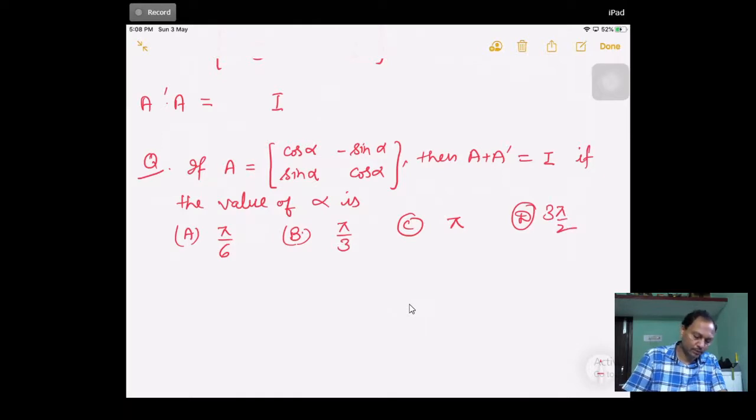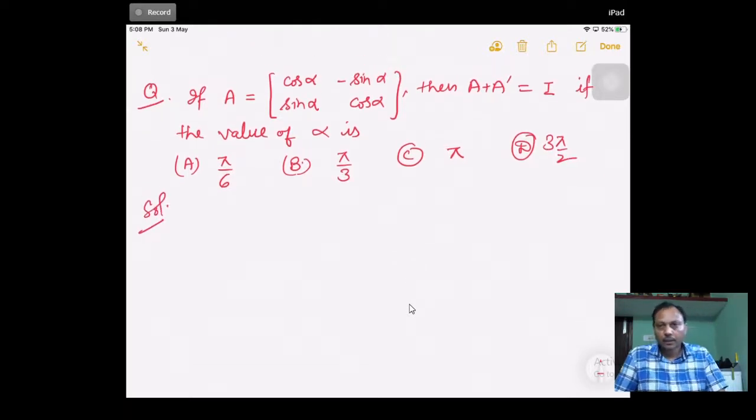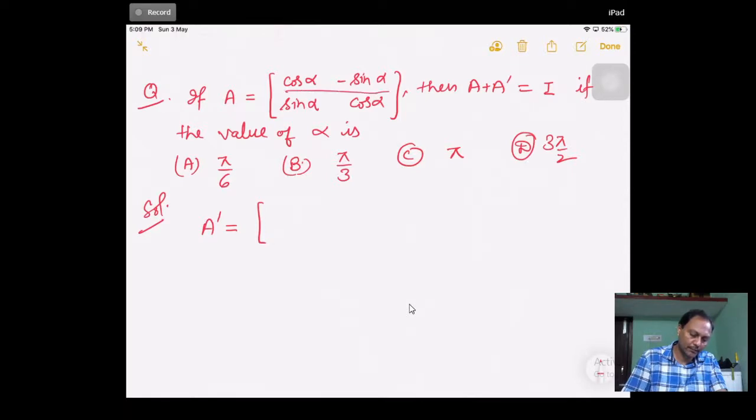Let's see the solution. Here the sum of the matrix and its transpose is given equal to identity. So first of all find the transpose of the given matrix. The first row is cos alpha, minus sin alpha.